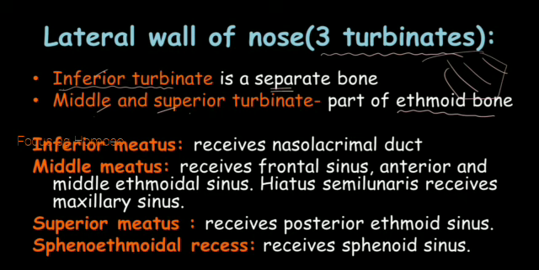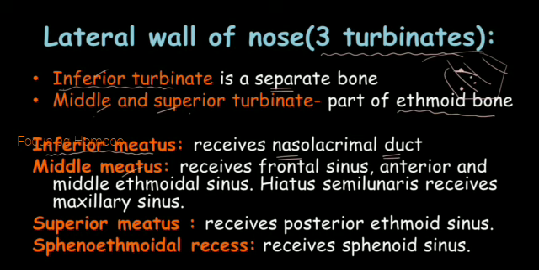Then comes the meatus, that is regarding openings. The inferior meatus receives the nasolacrimal duct, which we read while reading about Hasner's valve. The middle meatus receives the frontal sinus, anterior and middle ethmoidal sinus, and here there is a semilunar structure called hiatus semilunaris, which receives the maxillary sinus.